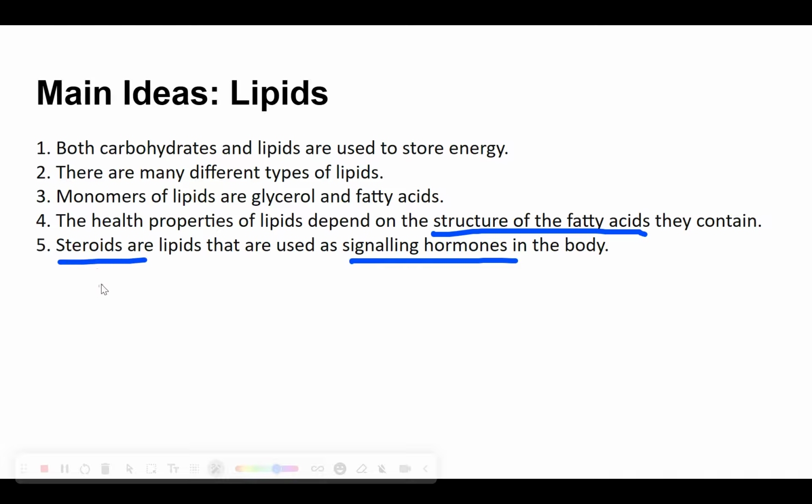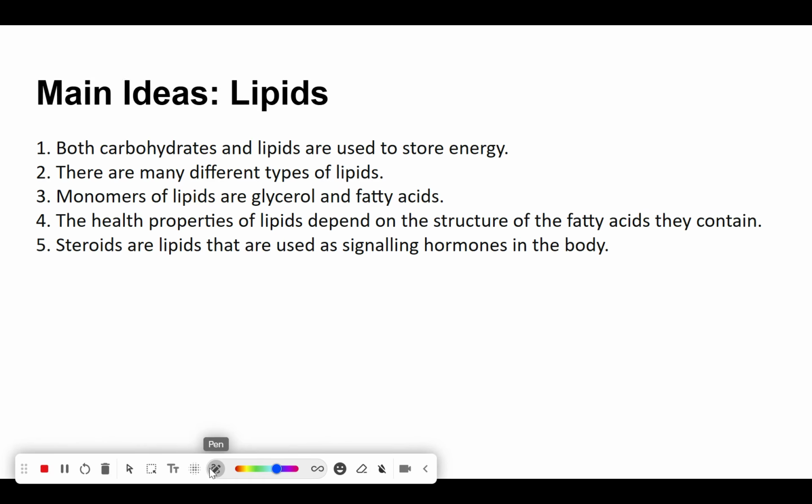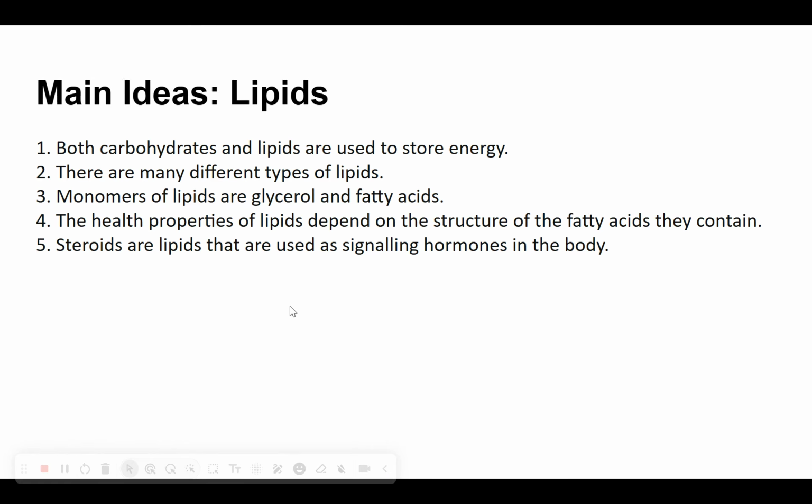So steroids are what you also call lipid-based hormones, and they are sent from an organ that secretes hormones to a target tissue and do some type of signaling in the human body and in plants and stuff. Lots of different living things have steroid hormones in them.